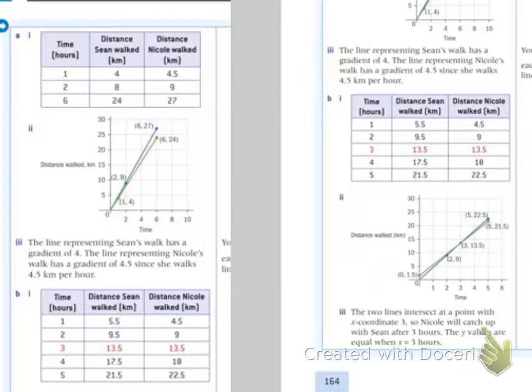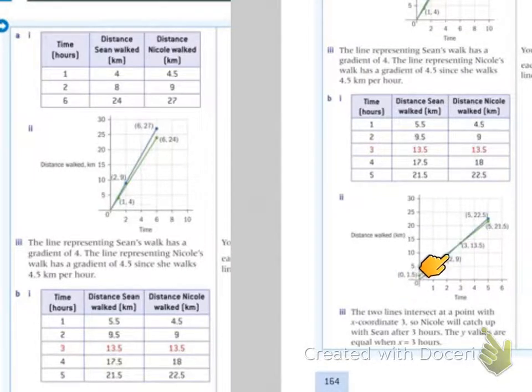Then it says determine the number of hours it will take for Nicole to catch up to Sean. So if we go to our graphs now and we fill in our chart, we got this chart filled in for Sean and for Nicole. And we look at the graph, and the graphs now change. Nicole started at 0, Sean started at 1.5.